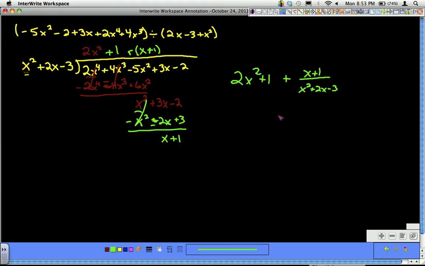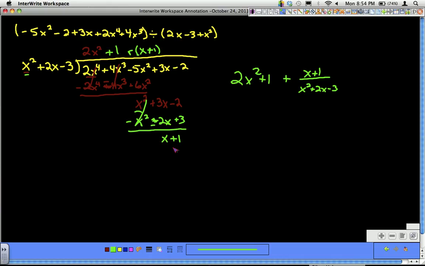So now it looks like problems that we've done in the past. Our answer plus our remainder over our divisor. So this is one way of writing it, 2x squared plus 1 with a remainder of x plus 1. Here is our other way of doing it, where we're just adding on our remainder over our divisor. So just a different look and something to show what happens when we get this.